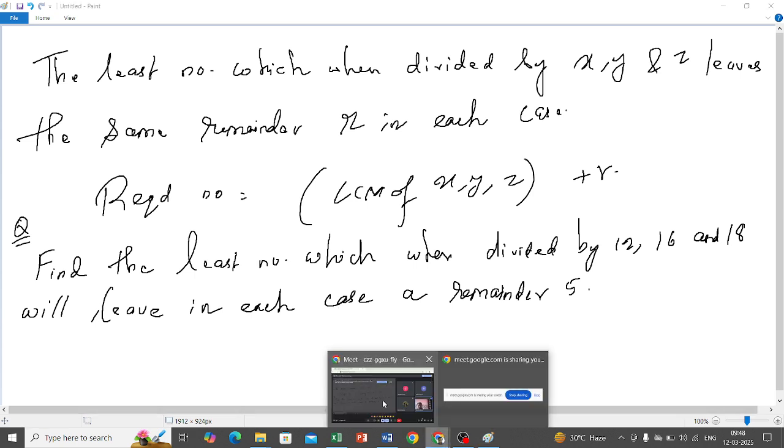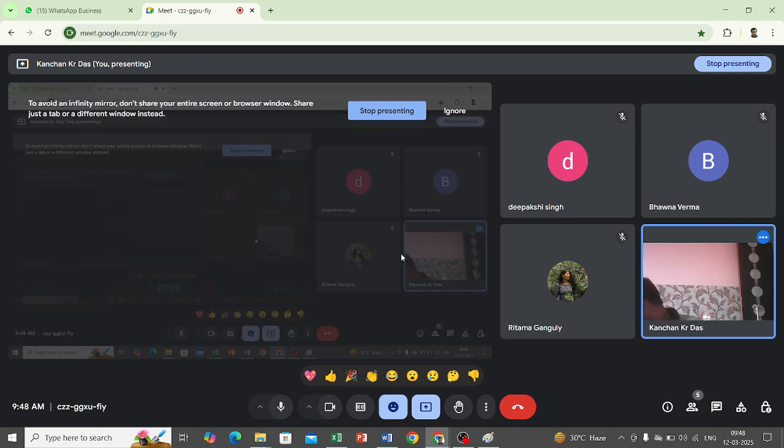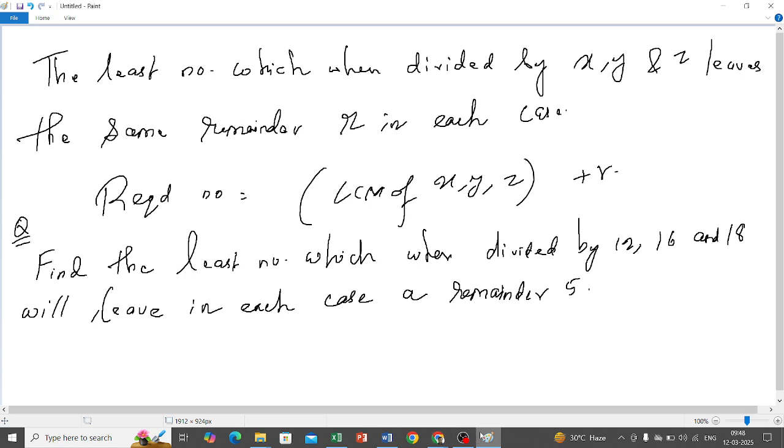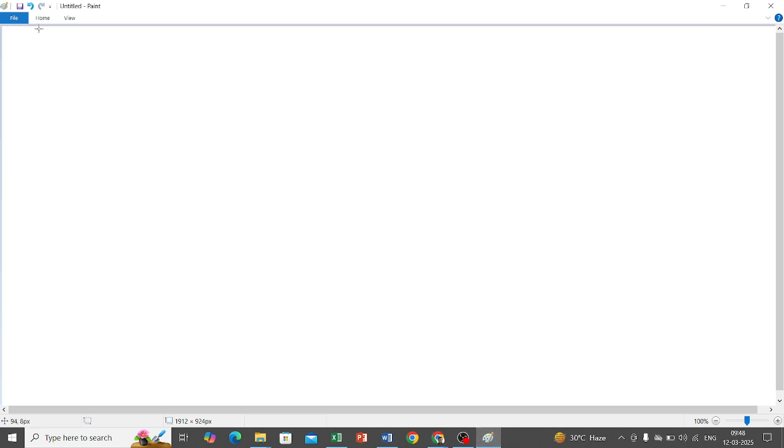Okay, let's move on to the next rule. Very important sum. Very common sum. I'm writing down the question. Find the greatest number. Remember, greatest means HCF.